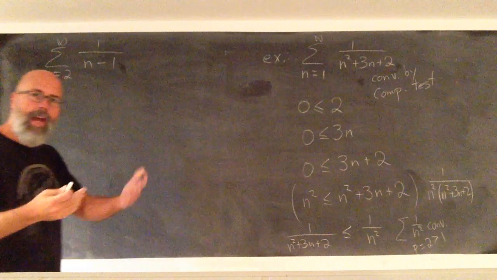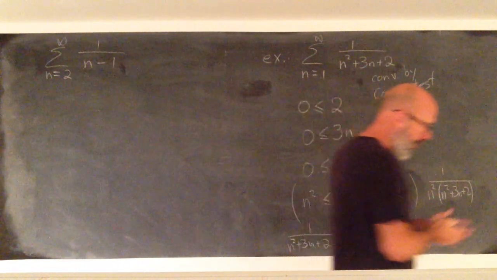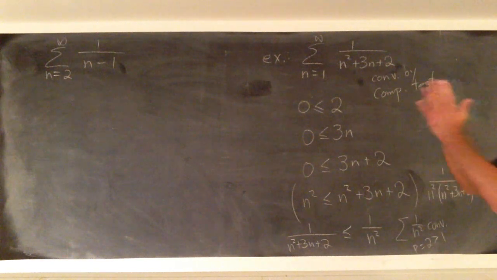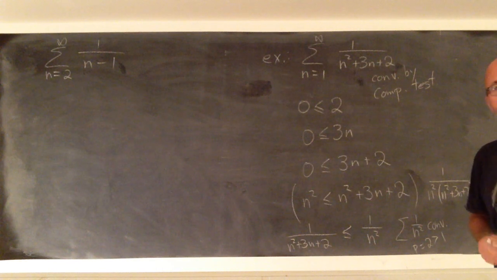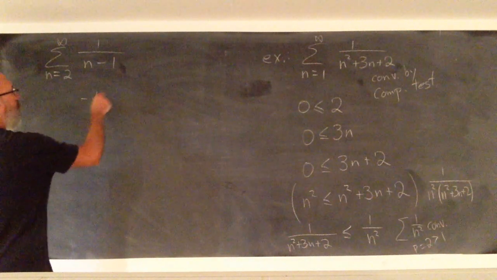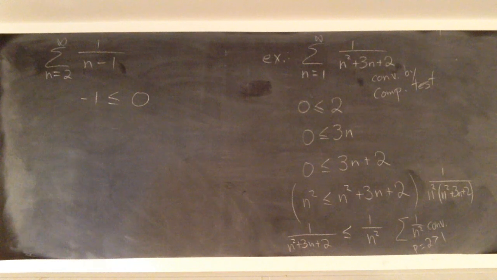So we have to establish an inequality. We're going to make this bigger than a divergent series. Negative 1 is less than or equal to 0.